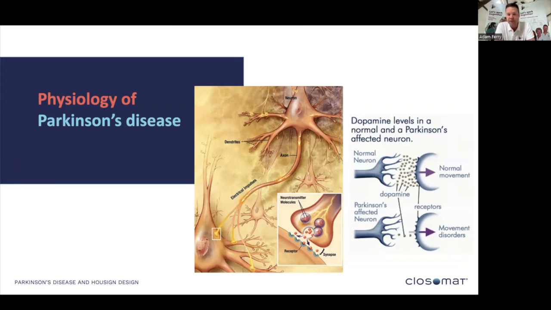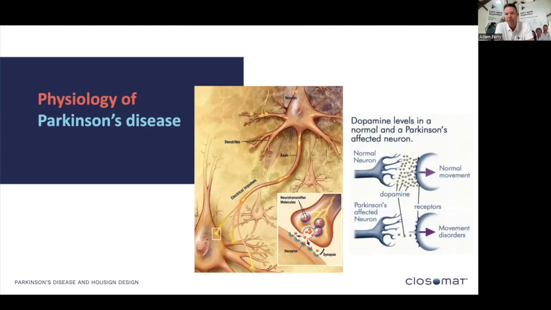You can see on the image on the right, the top image is normal dopamine production. Dopamine supports the transmission of a signal from the neuron to the muscle cell, to the muscle fiber. Because for Parkinson's, the Lewy bodies in that particular part of the brain inhibit dopamine production, you're getting a less efficient flow of signal down the axon and into the muscle fiber.